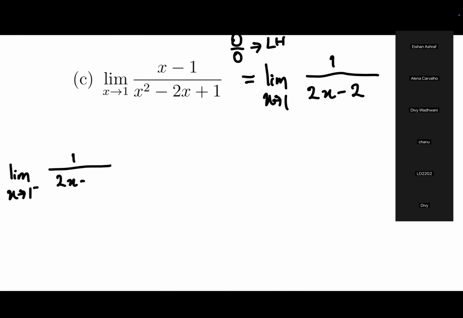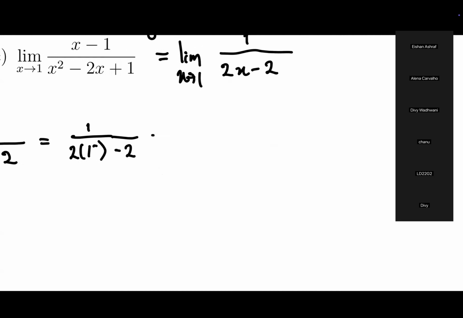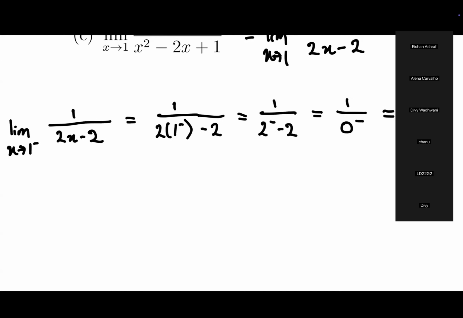Taking the left-hand limit gives us 1 over 2x minus 2, where x is some value minusculely smaller than 1. This gives us 2 minus 2 approached from below, which is a very small negative term, so negative infinity.